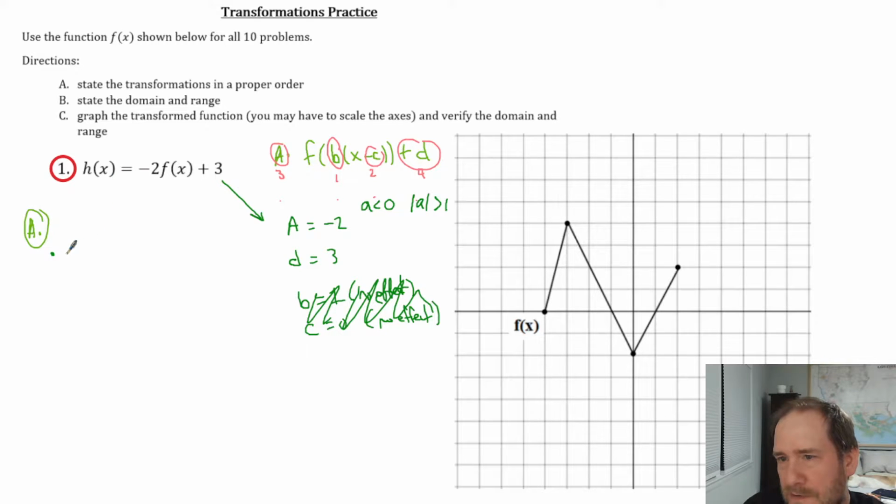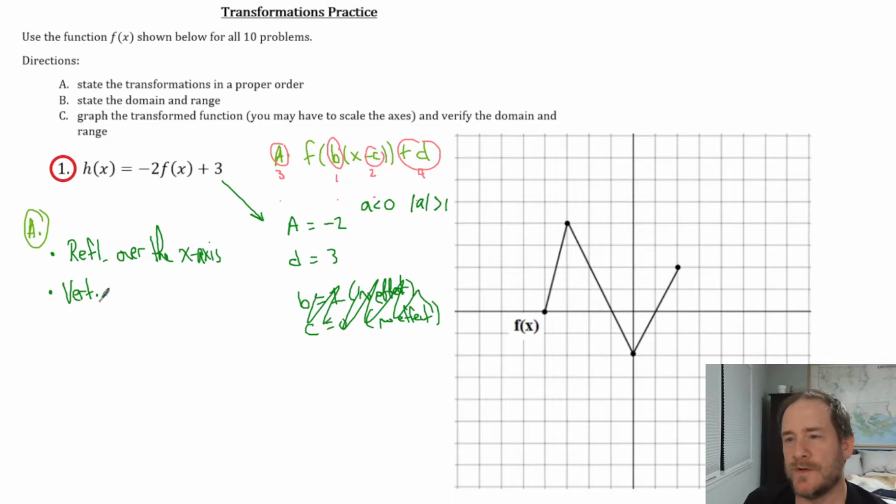So state the transformations. We are going to be reflected over the x-axis. Then we're going to be vertically dilated. Remember, you can't just say dilated. You have to stipulate whether it's vertical or horizontal. So vertical dilation by a factor of, just say BAFO.